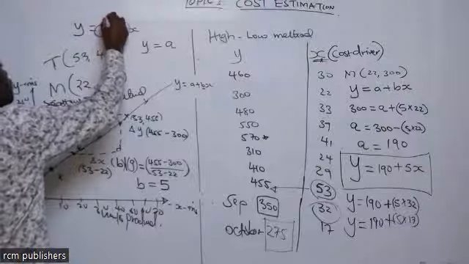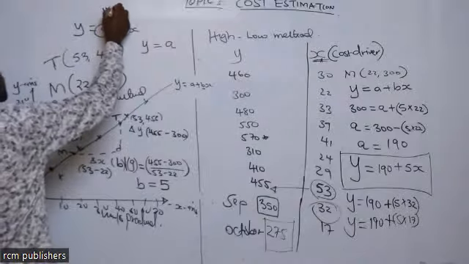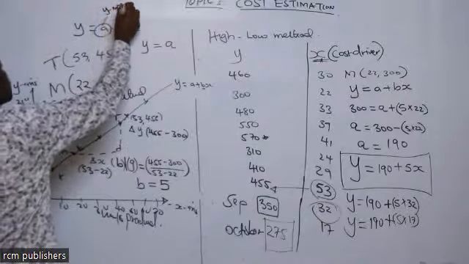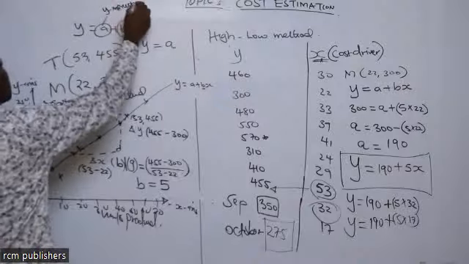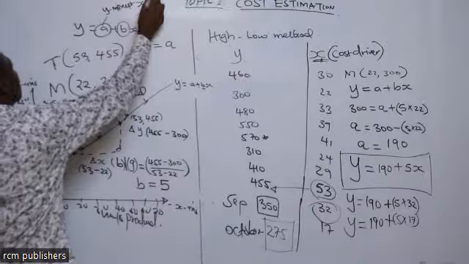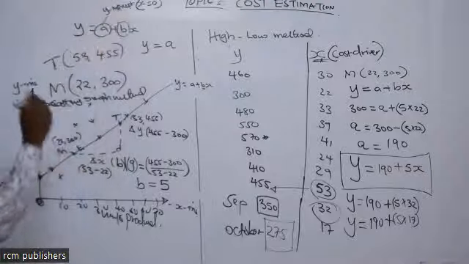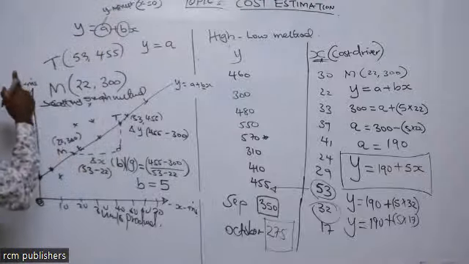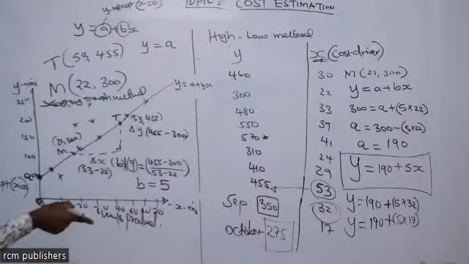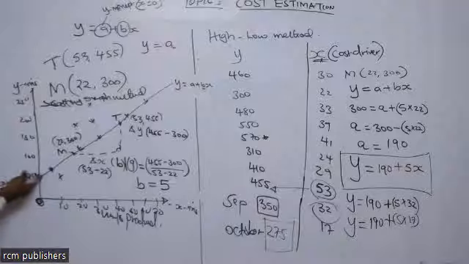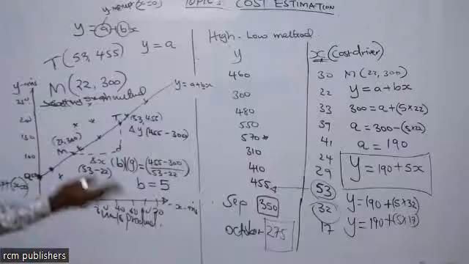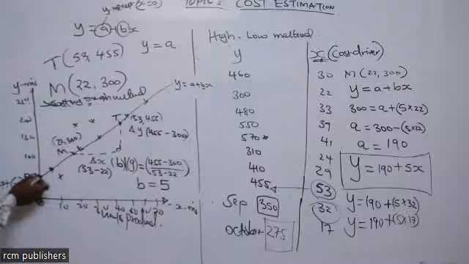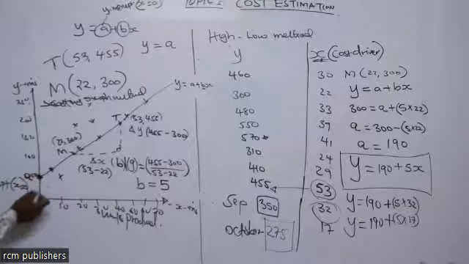The value of A, we say, is the y-intercept. At y-intercept, x is equal to 0. When it crosses the y-axis, x will be 0. That is the fixed cost. Even if they have not produced any unit, they have already incurred some cost. Of course, as we progress to the subsequent topics, we'll be understanding these types of fixed cost.